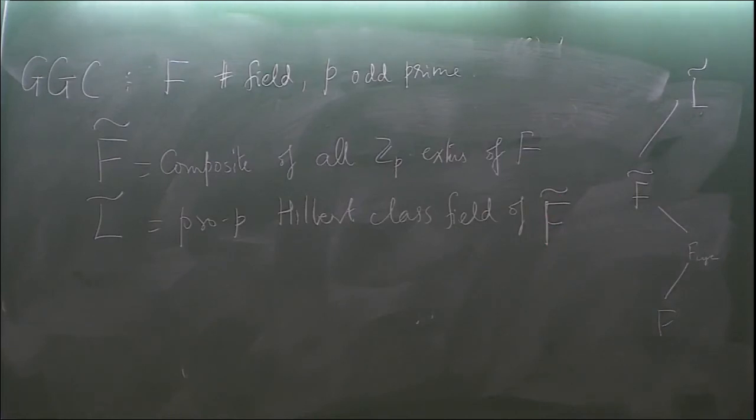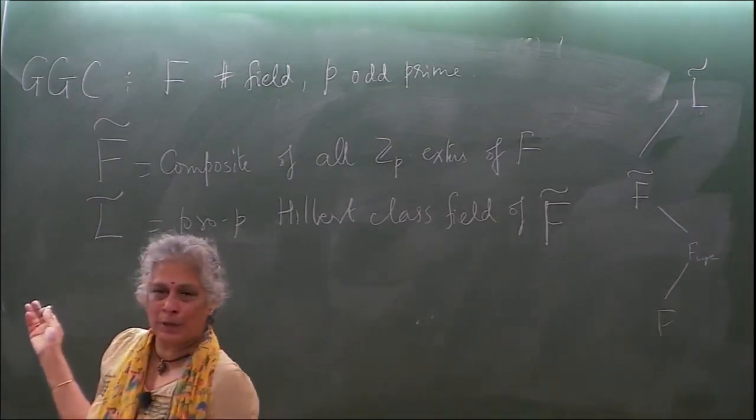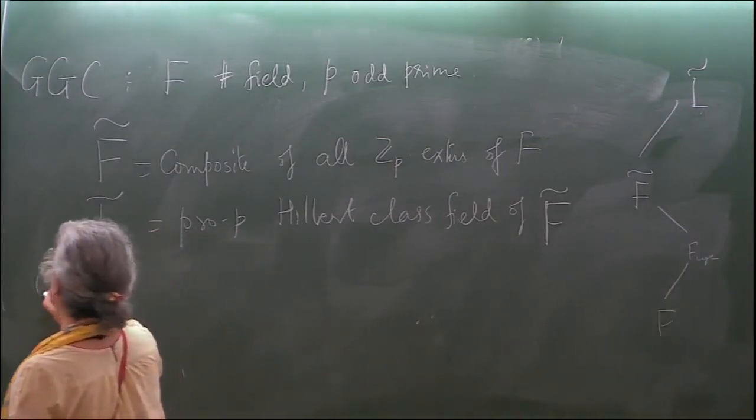Okay, so earlier in Iwasawa's case, we took the pro-P Hilbert class field of F cyclotomic, and the mu equals 0 conjecture was a statement on that Galois group. So here you are going to the composite of all ZP extensions, and then you are looking at that. And Greenberg's conjecture, so now you are in the commutative case. So you have the usual dimension theory.